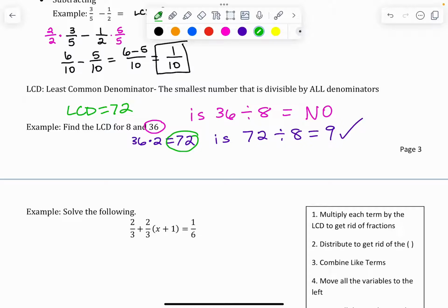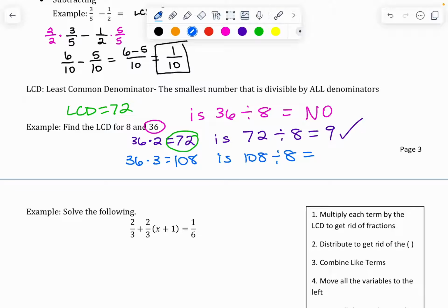Now, if 72 didn't work, then I would take 36 and multiply it by 3. Then we would take 108 and ask, is 108 divisible by 8?